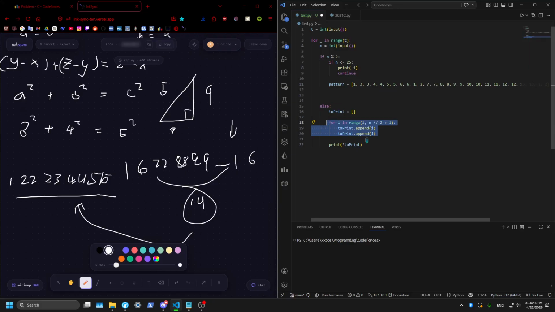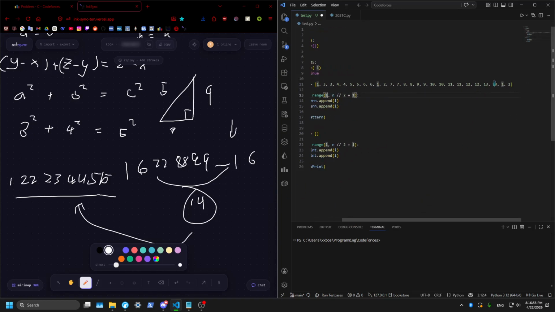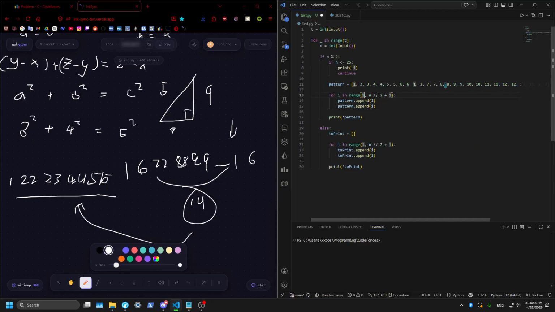Let's just copy and paste it, copy all of this. Since our thing is called pattern now, let's call it pattern, except this ends at 13, so we start at 14, and then this should just be the code. Let me get rid of this white space. So just to recap, if it's even, we go through this even behavior of appending 2 of the same next to each other until the end.